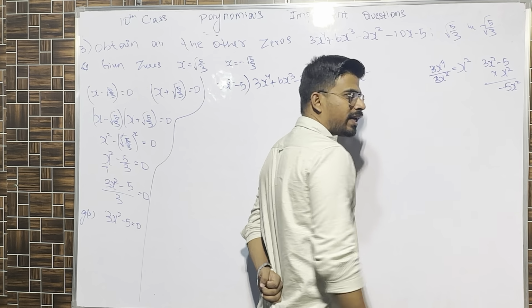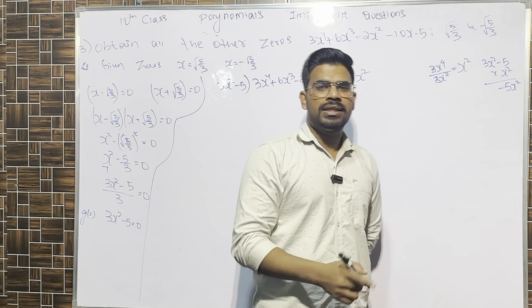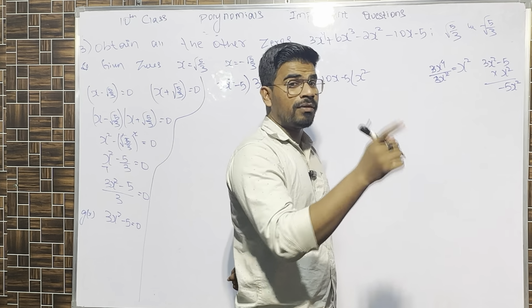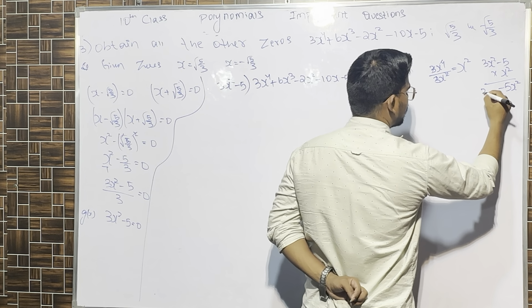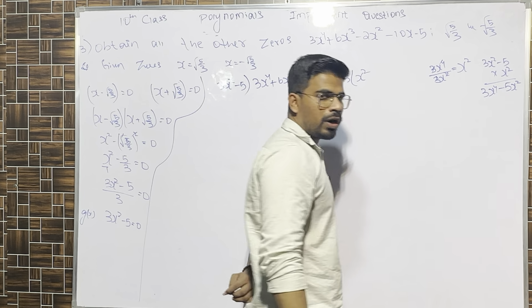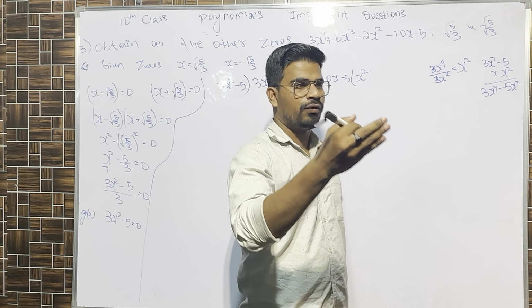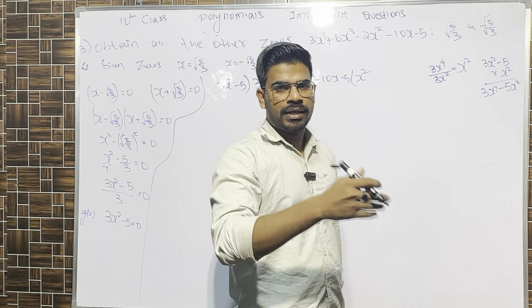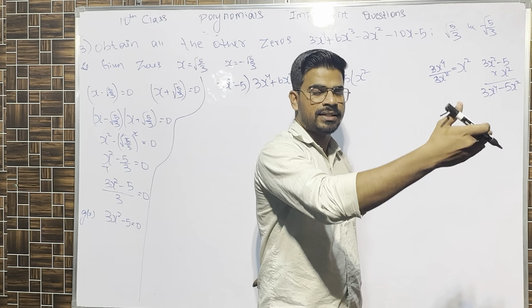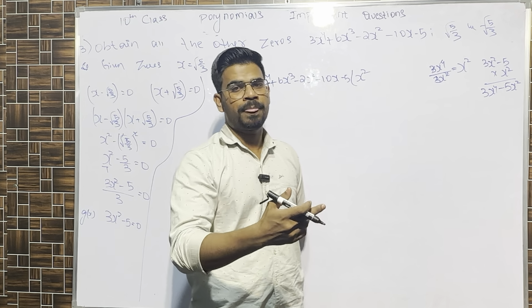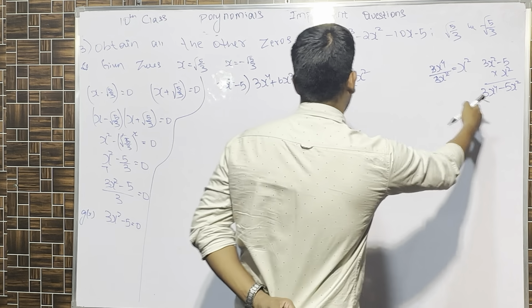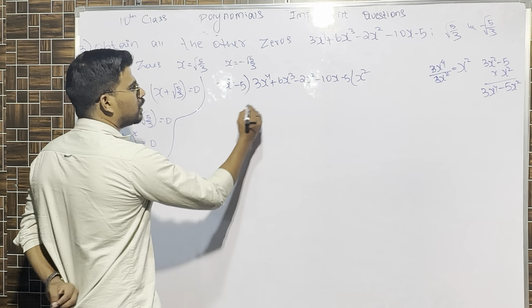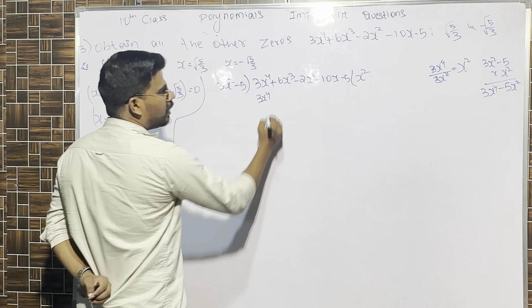X square into 3x square is 3x power 4. If you are multiplying the number, power will increase. If you are adding, coefficient will increase. X plus x is 2x, x plus x plus x is 3x. X square into x square is x power 4. So it is 3x power 4, minus 5x square.